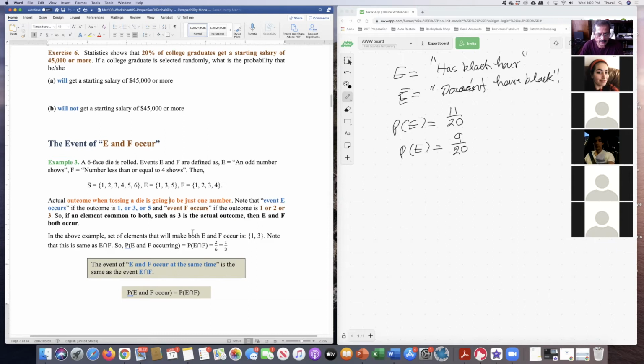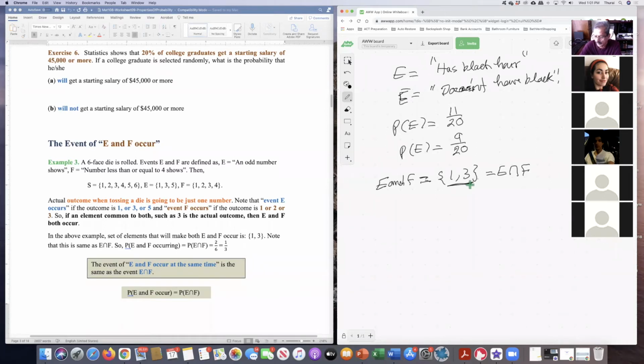So what are the elements that will make both events occur? 3 is one of them. Anything else? 1. So 1 and 3 are the only elements that will make both E and F occur, right? And notice that {1, 3} is the same as the intersection of E and F. So event E and F occurring is the same as event E intersection F occurring. Only if the outcome is 1 or 3 have both events E and F occurred.